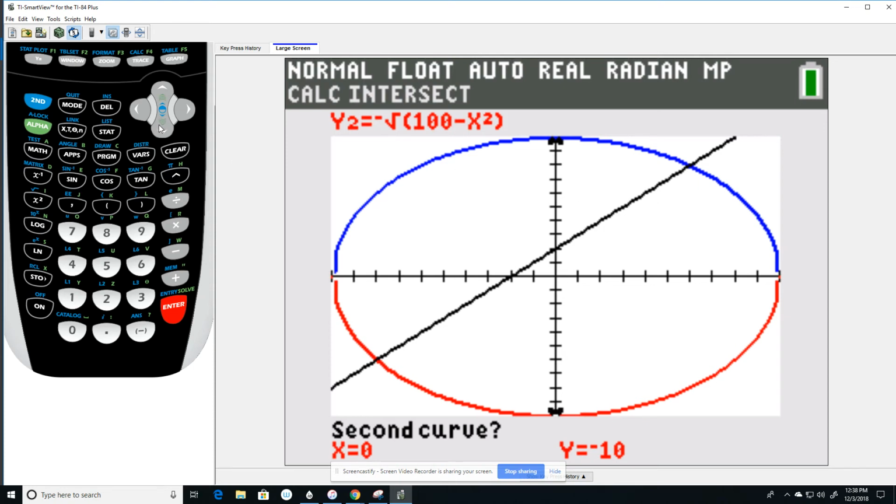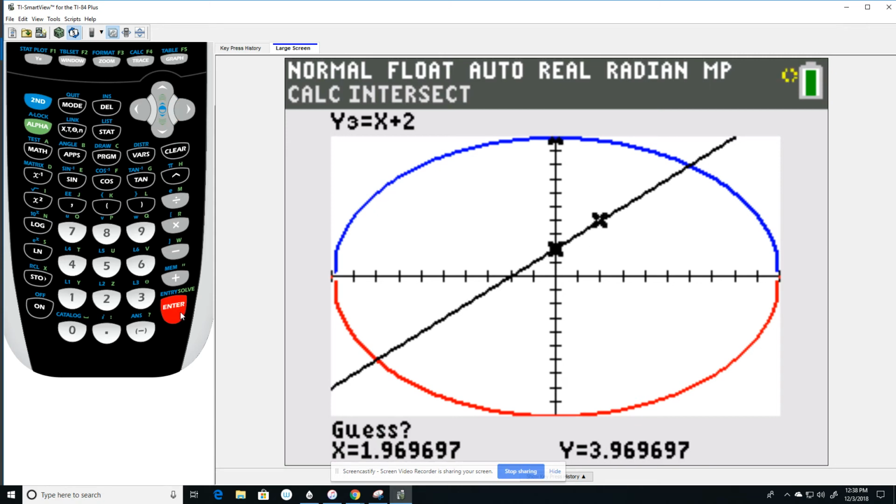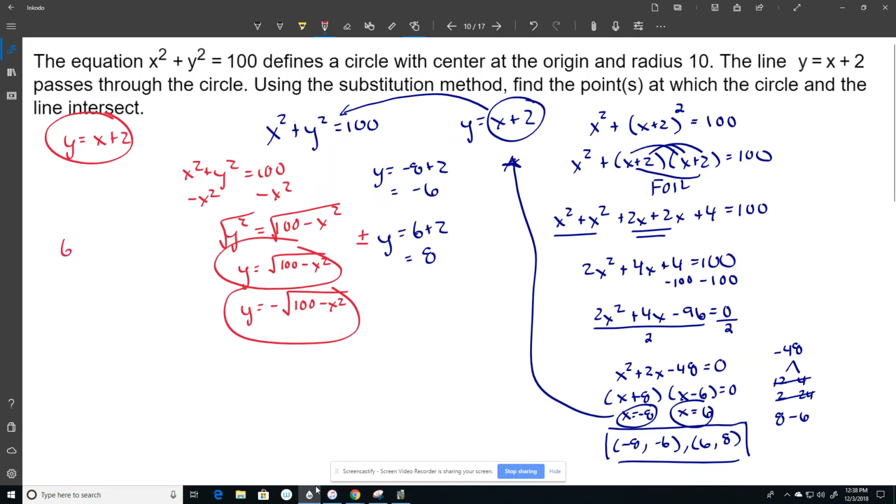So I don't want to hit enter again until I select that line. And when I guess, I'm going to move over here to the right just a little bit so that it guesses the right one. So my intersection for this point is 6, 8, which matches this answer right here.